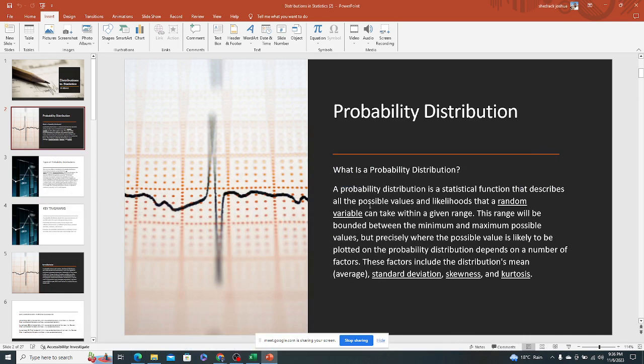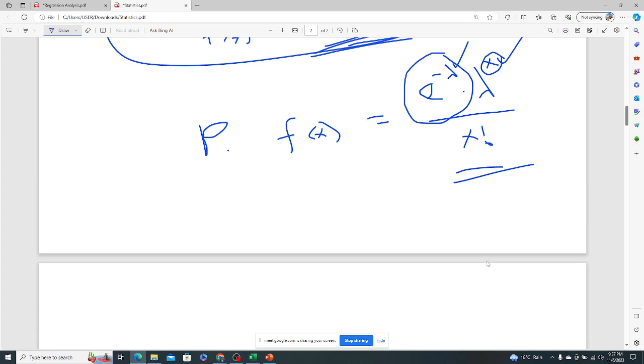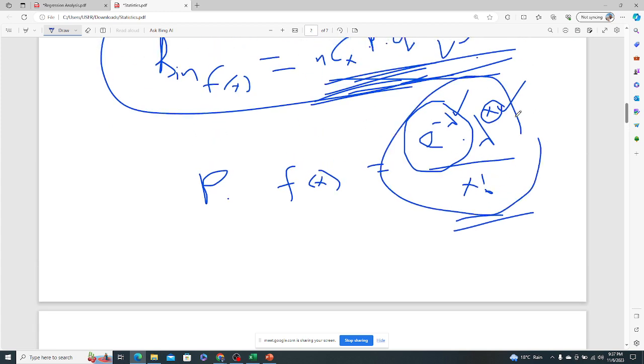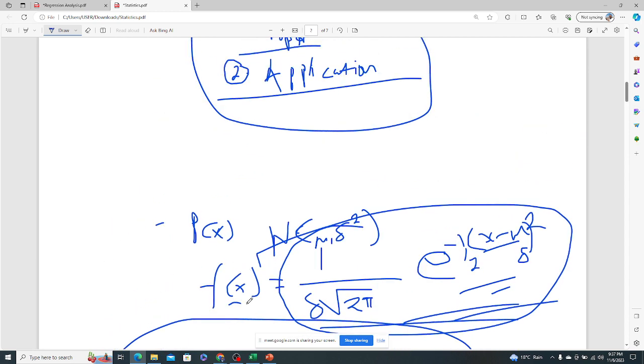So a probability distribution is a statistical function. These are the statistical functions: a function of x following the Poisson distribution, a function of x following a binomial distribution, and a function of x following a normal distribution.